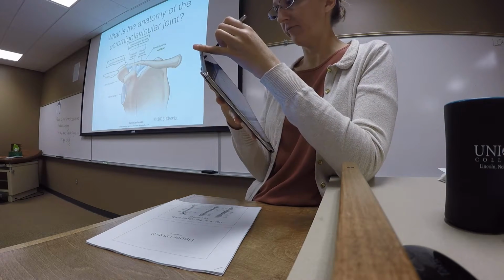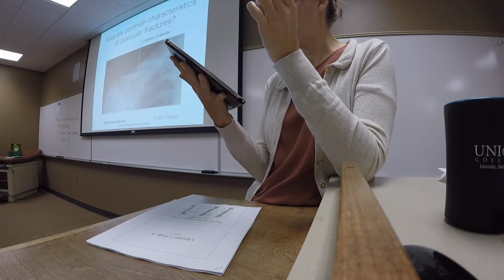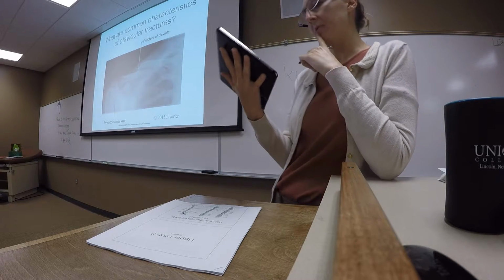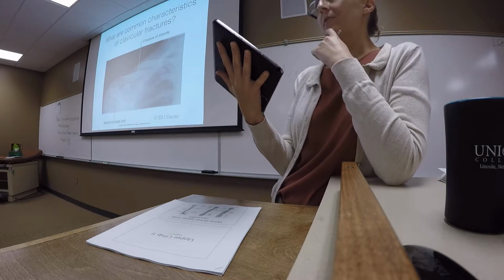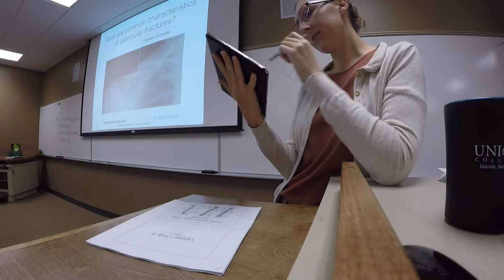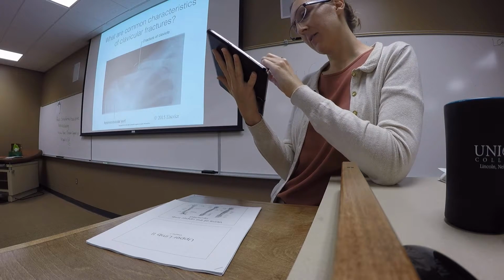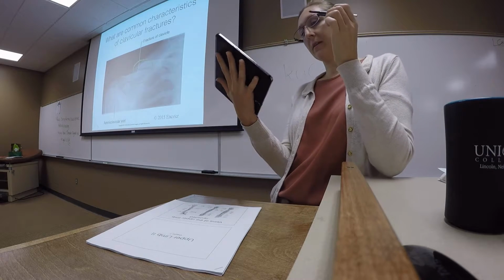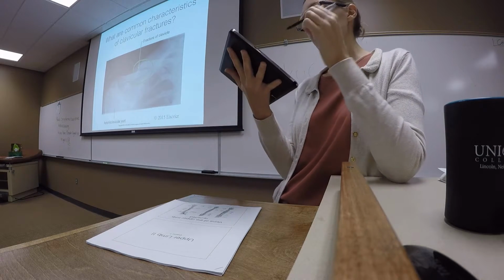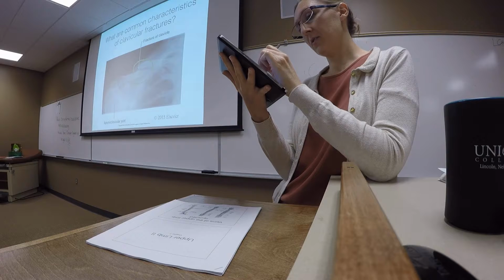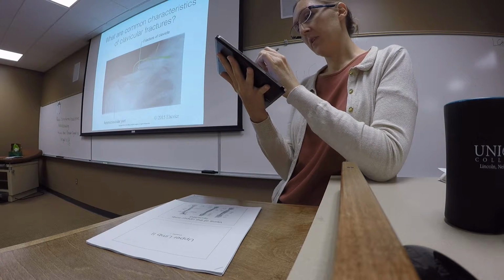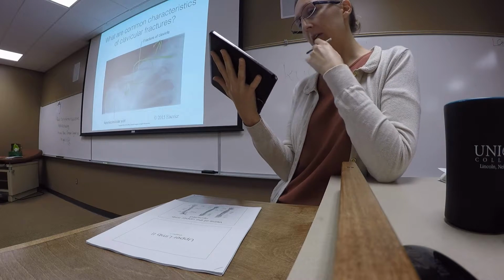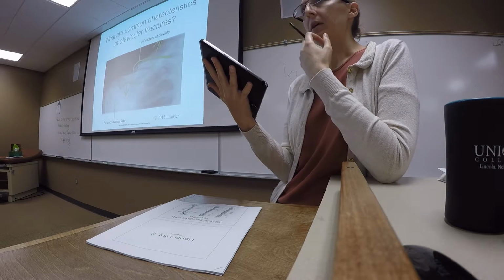Okay, so like we said, the clavicle is one of the most commonly fractured bones in the body. Here we see a nice displaced clavicular fracture. Often when the fracture is complete and we have displacement, the medial portion moves superiorly and the distal portion moves inferiorly. Why would that be?